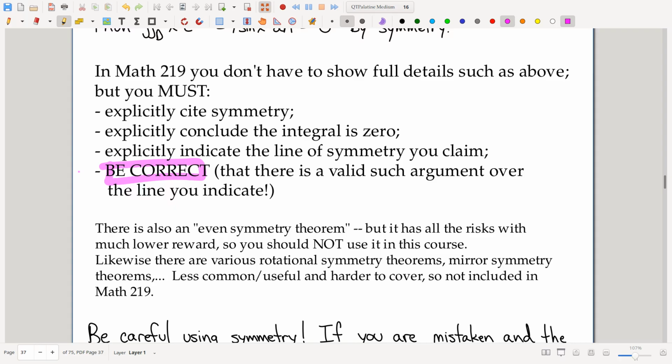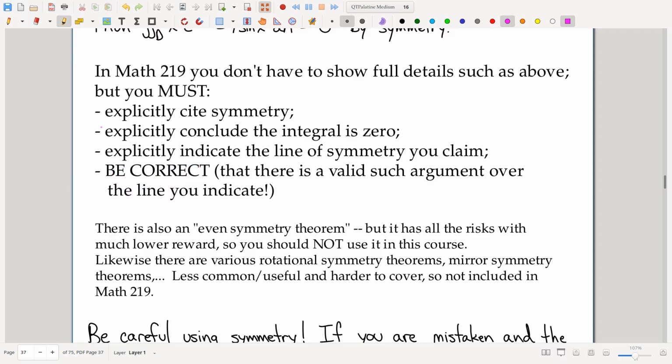And it doesn't really matter how close of a call it was because there is no such argument. The argument doesn't work. Right? And again, it's about the argument, not the conclusion. So there has to be a valid symmetry argument over the line that you claim. So anyway, make sure that you double check when you're going to use a symmetry argument that you're actually right.